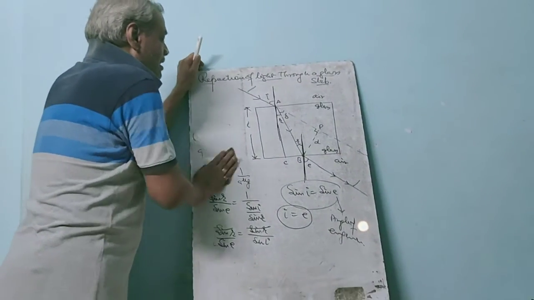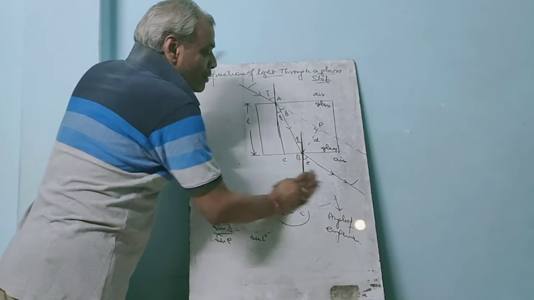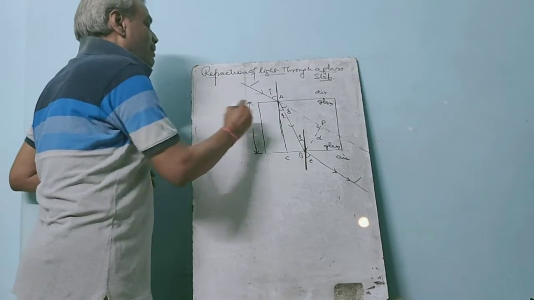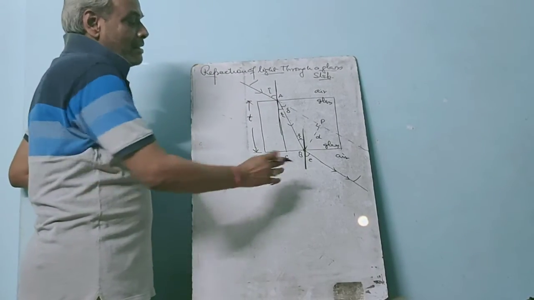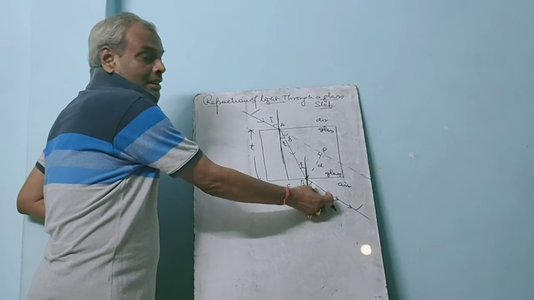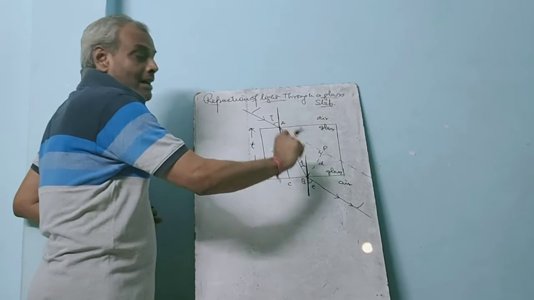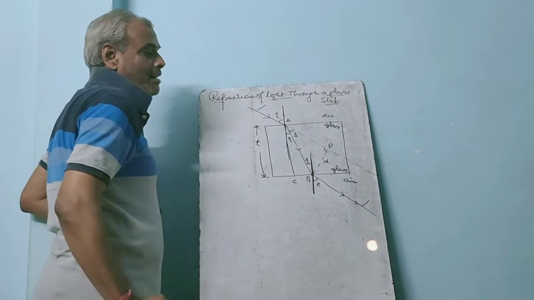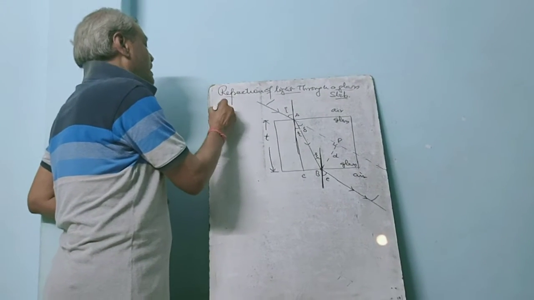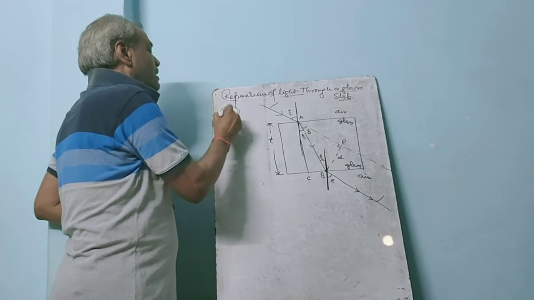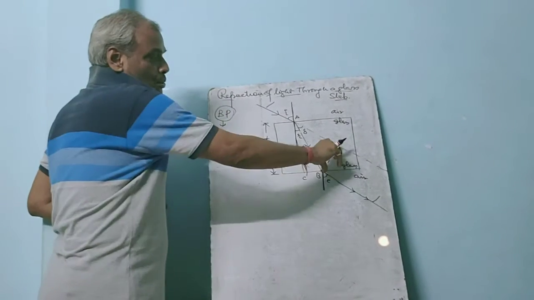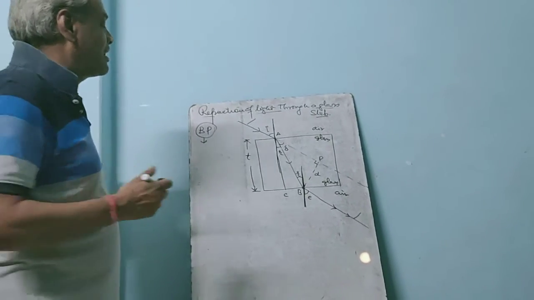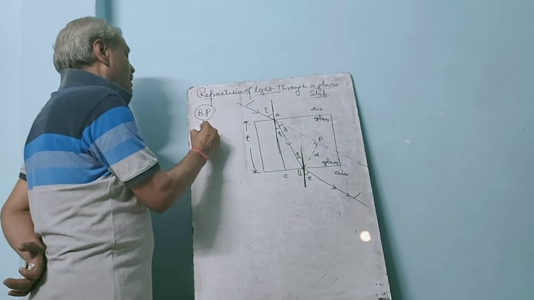This emergent ray and incident ray are both parallel, and the distance between these two parallel rays, this BP, means between the incident ray and the emergent ray, is called what?